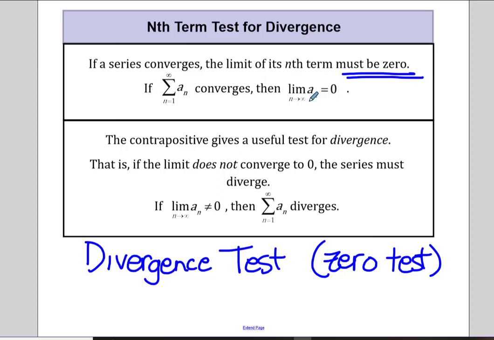And we can say that mathematically this way. Now, the contrapositive, this is why I like to call it the divergence test. The contrapositive gives us a useful test for divergence. That's the intent of it.